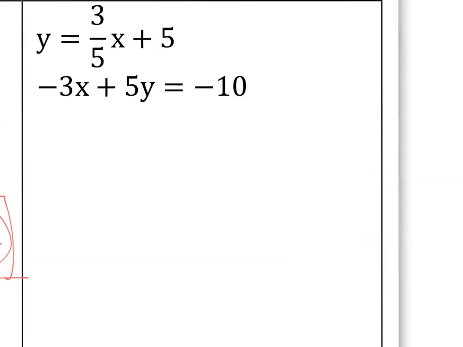Okay, for this next one, it's a case where there are no solutions. So I'm going to check to see if they both have the same slope but different y-intercepts. I'm going to take the second equation and change it into slope-intercept form.